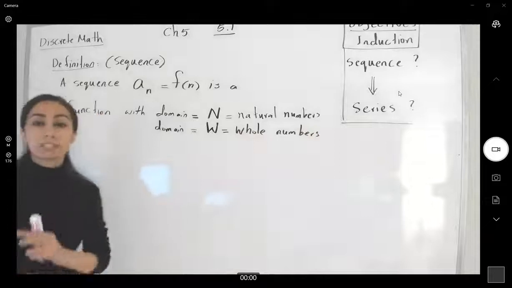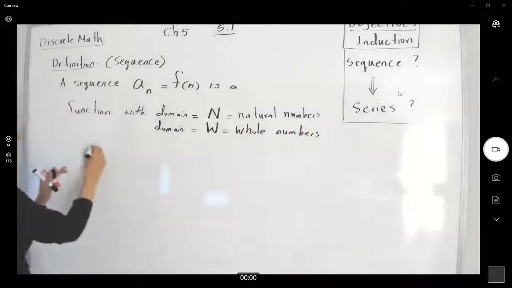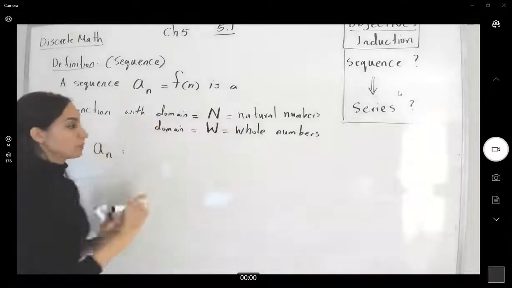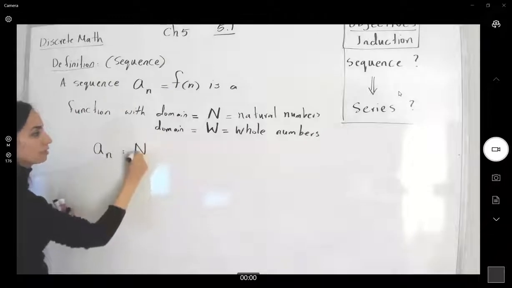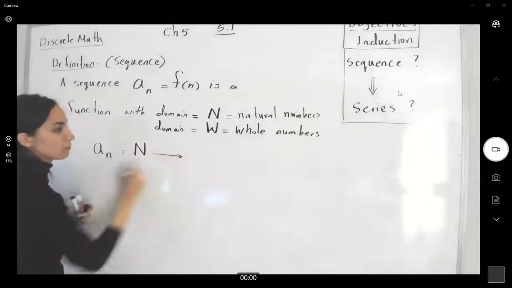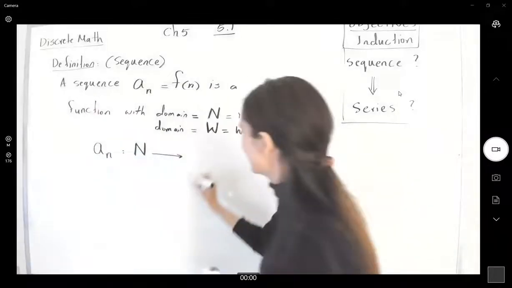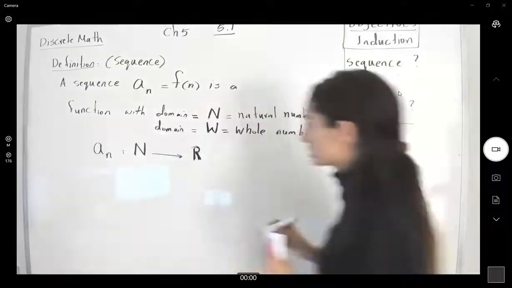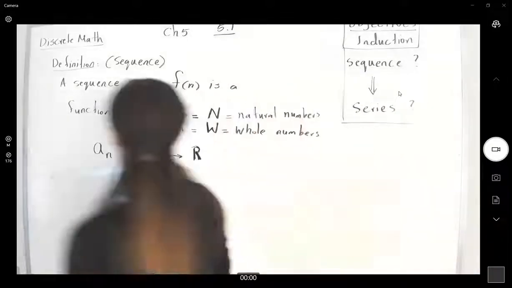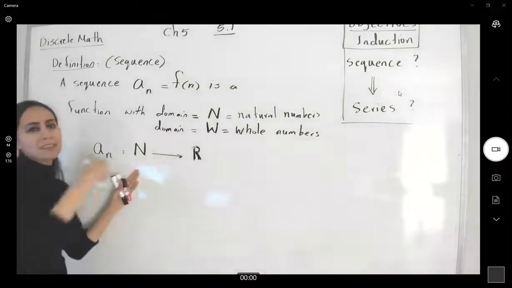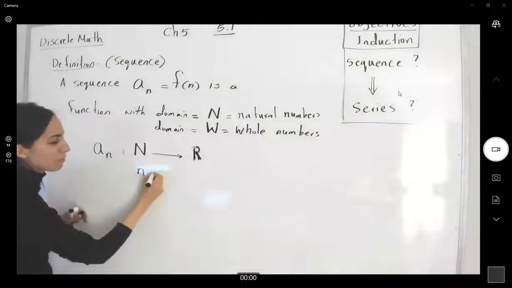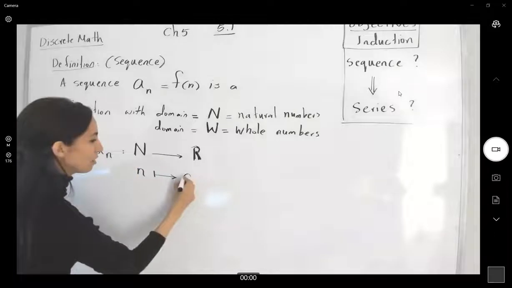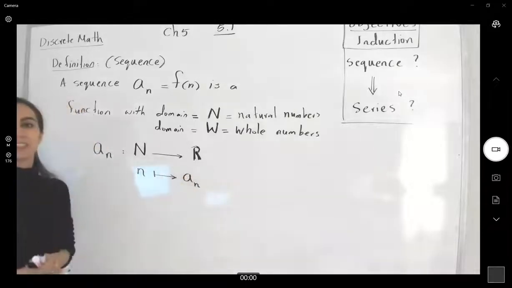So how do we define this function? This function actually takes on values from the domain N or W, and maps them to the codomain R, real numbers. It takes on numbers like n and maps those numbers into A sub n, or terms of the sequence.